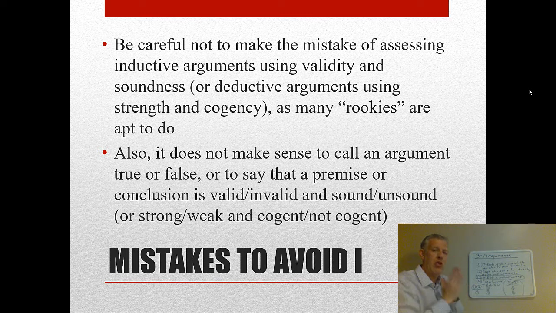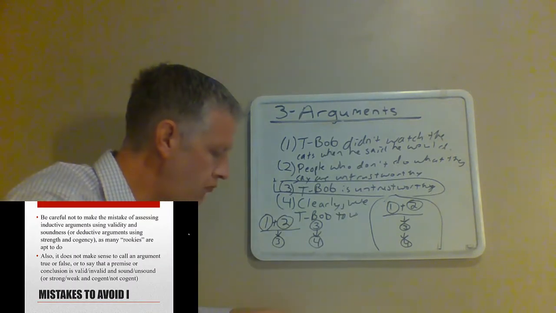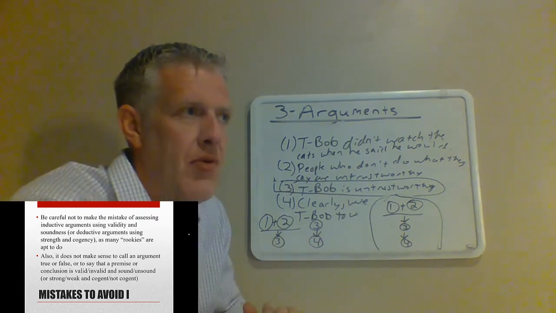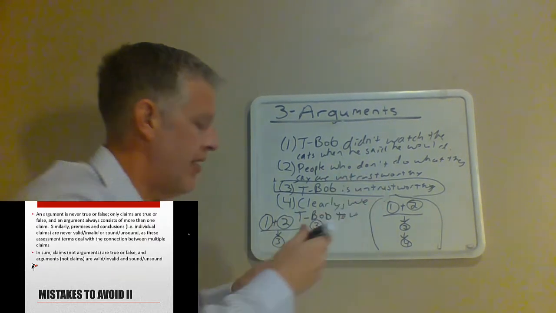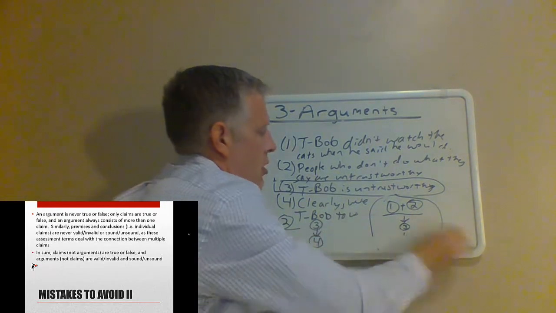Again, don't conflate these terms. It only makes sense to refer to individual claims or statements as true or false, not arguments. So don't say that's a true argument, because arguments are always comprised of at least two claims. You always need at least a premise and then a conclusion.